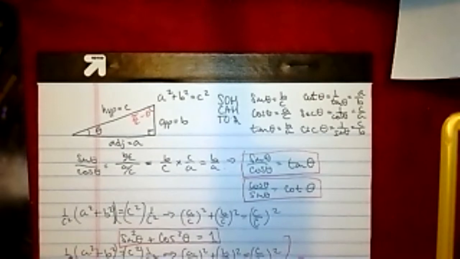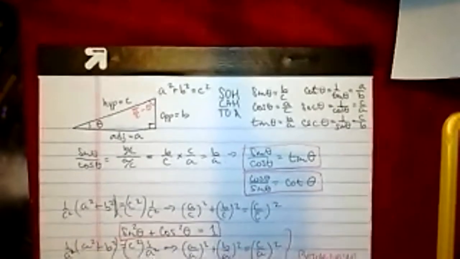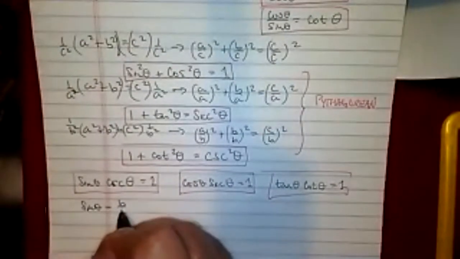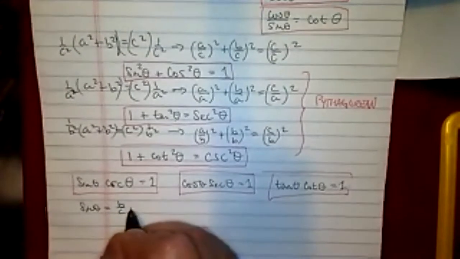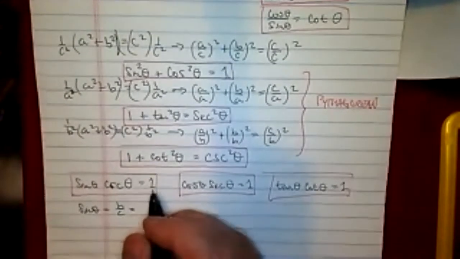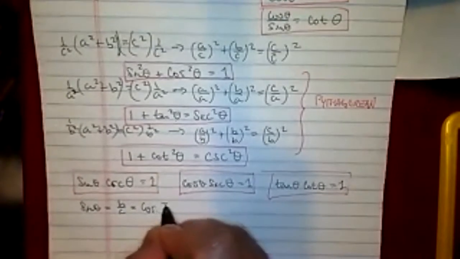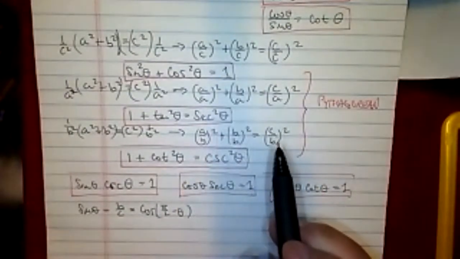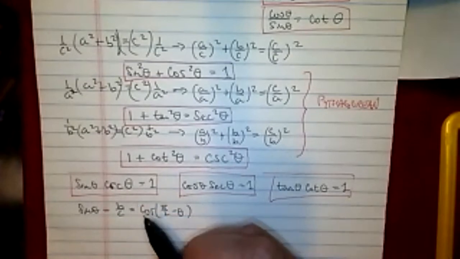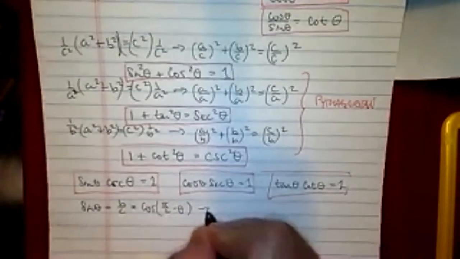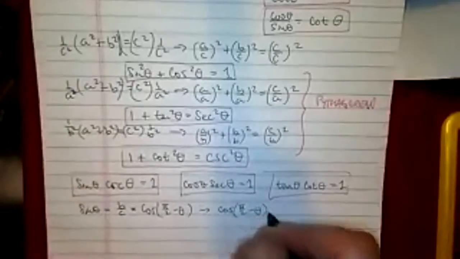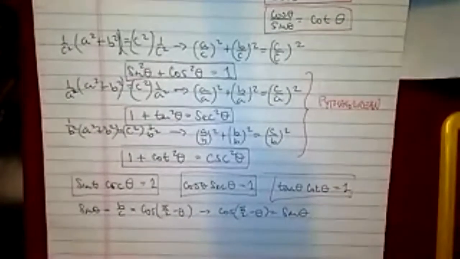So we see that the sine of theta is equal to B over C, but that's also equal to the cosine of pi over 2 minus theta, because the adjacent side for the co-angle is in fact the opposite side. So we now have another identity, and that is cosine of pi over 2 minus theta is equal to sine of theta.